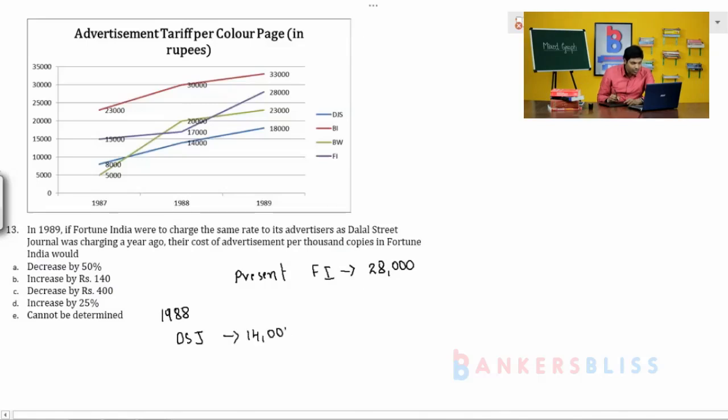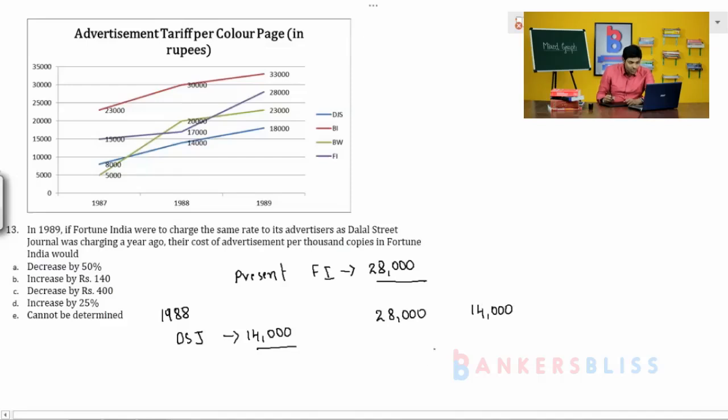Their cost of advertisement per 1000 copies in Fortune India would be, if Fortune India is going to charge the same 14,000 at present. So what is the condition? It is decreased by 50%. See here, it was 28,000, now it is 14,000. So 28,000 was the actual condition, but they are telling it has to become 14,000.